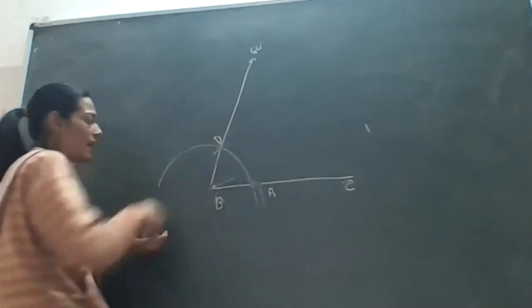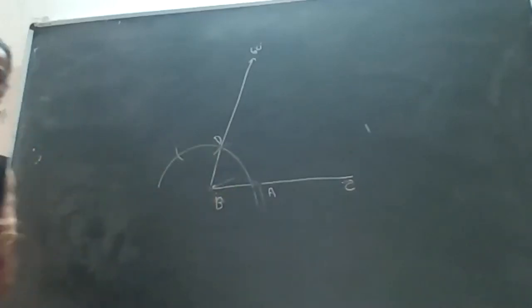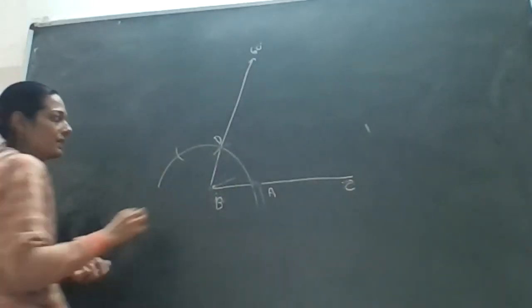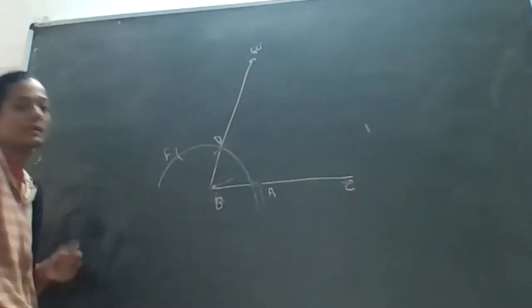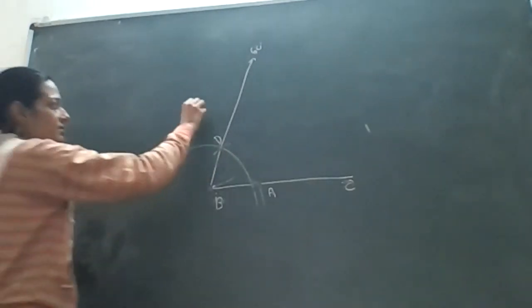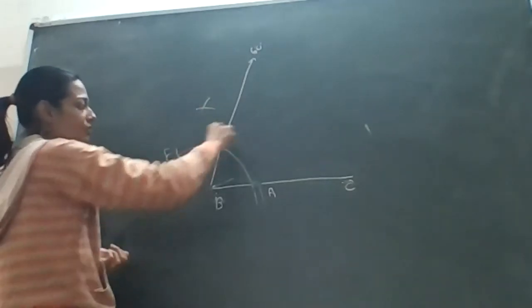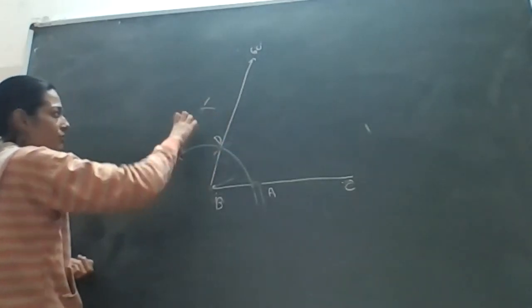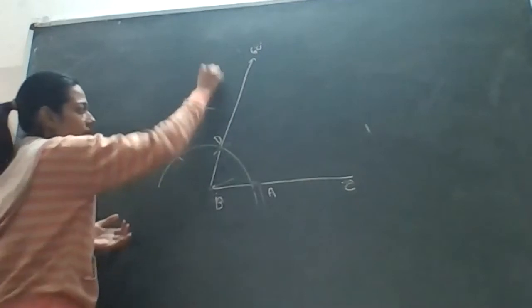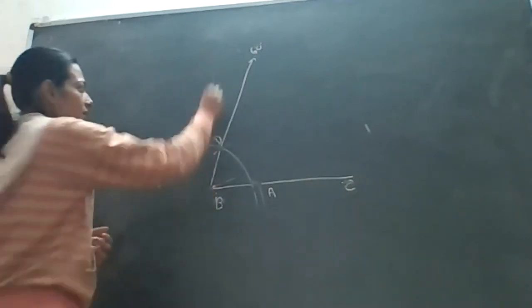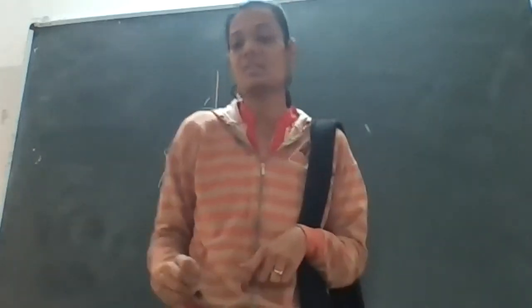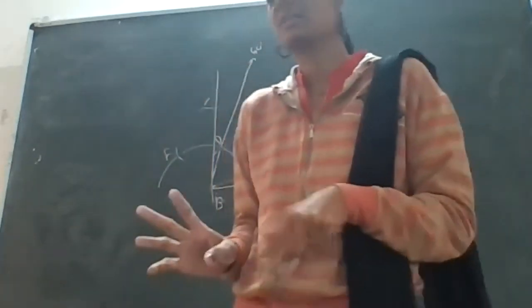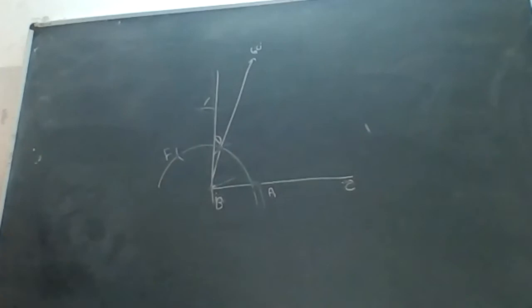From D, one more arc on this semicircle. Now you take the distance of this D and F. Then you draw from D one arc upside and from F one arc upside, and then you will get this 90-degree angle. This is not of 60 degree, but you can draw it this way.